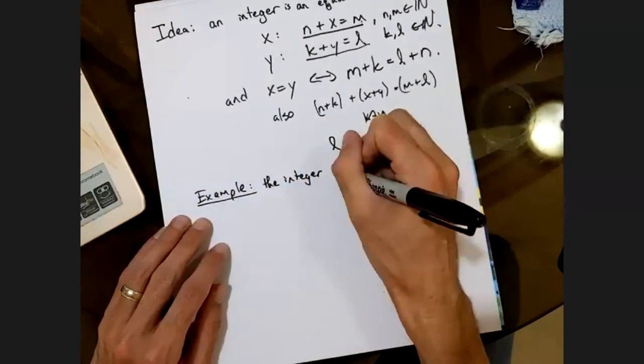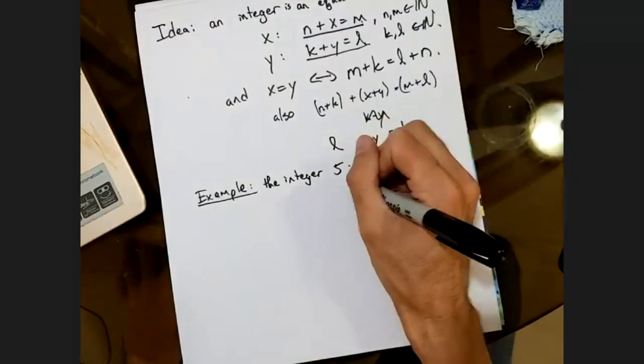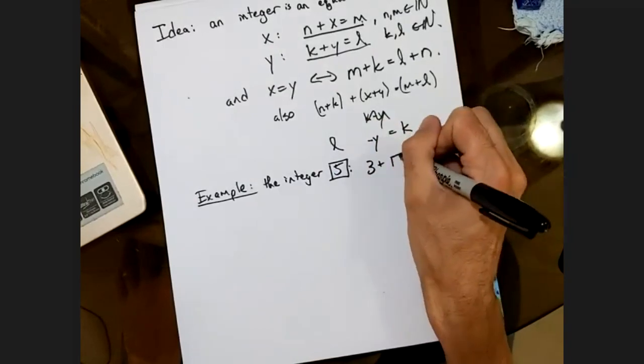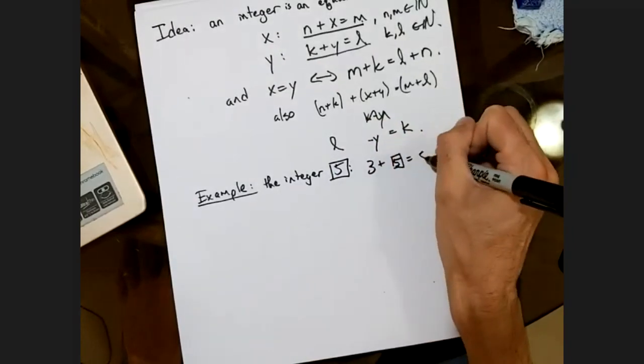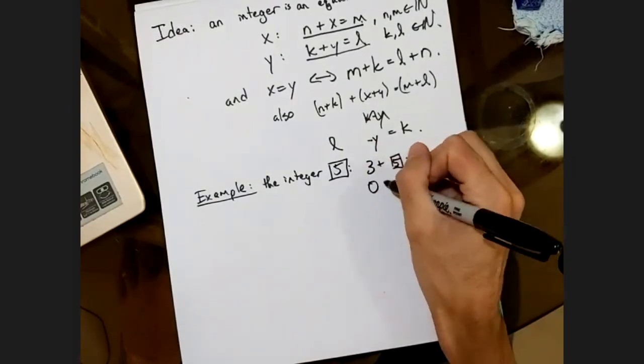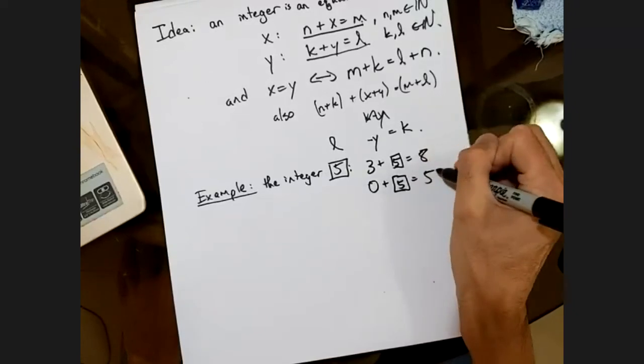Just as an example, the integer 5 you can look at as 3 plus 5 equals 8. That's one way to describe it. Or you could describe it like 0 plus 5 equals 5.